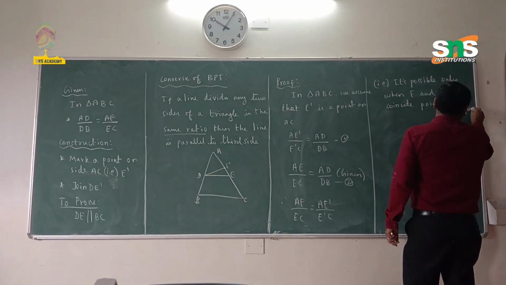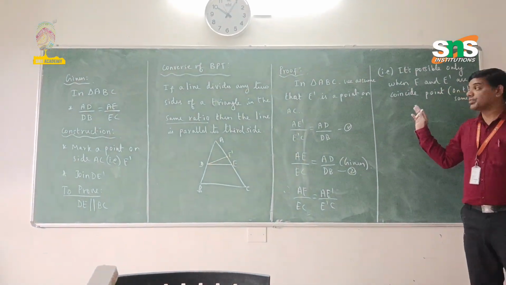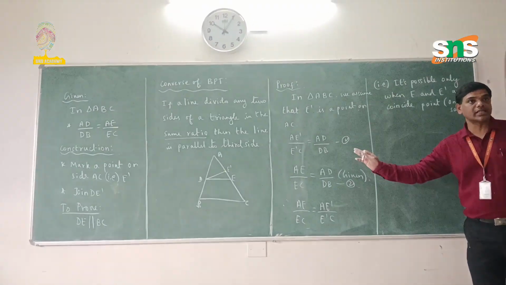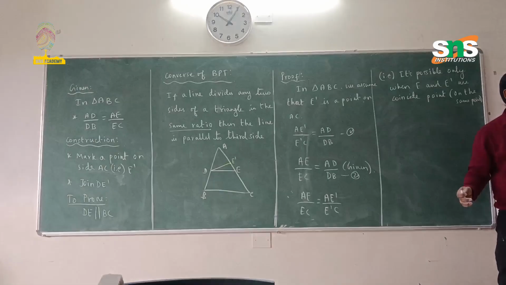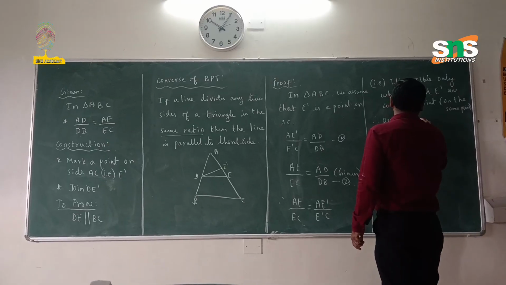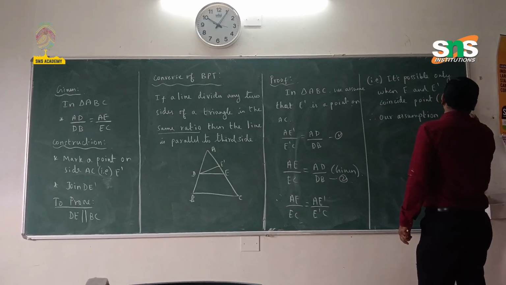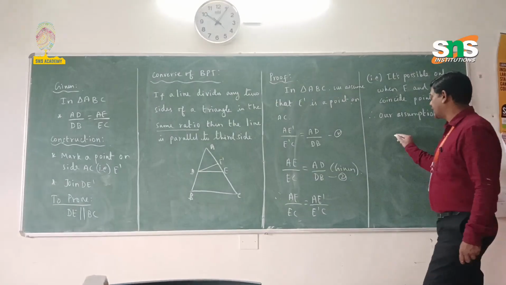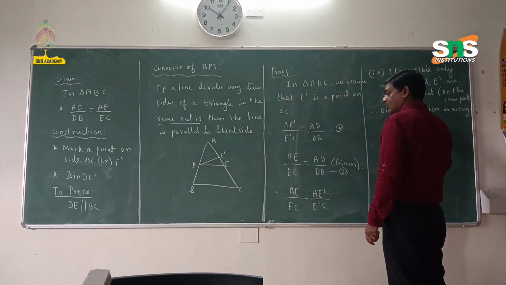Both should be at the same point, then only it is possible. But what we have taken is a different point. So our assumption is wrong. Therefore we can say that DE is parallel to BC.